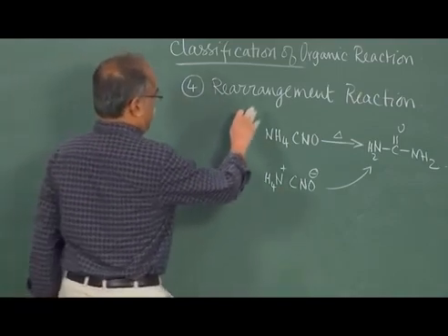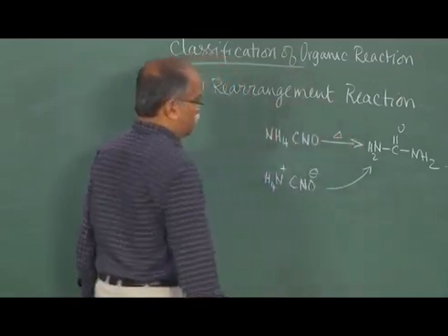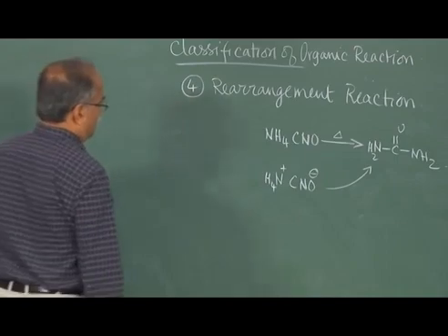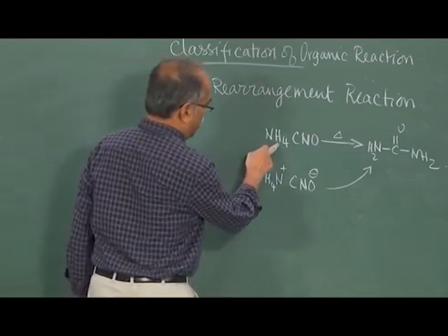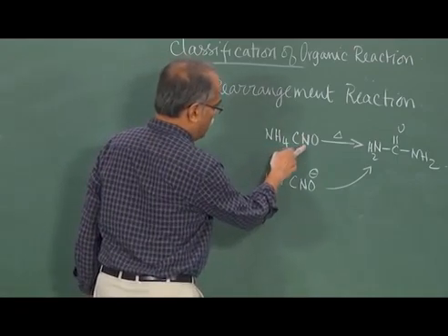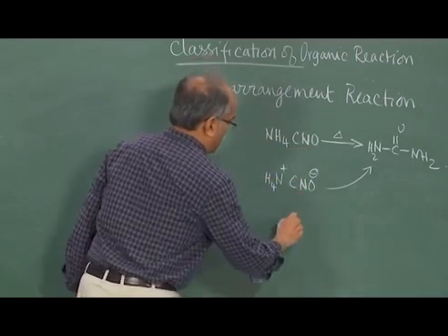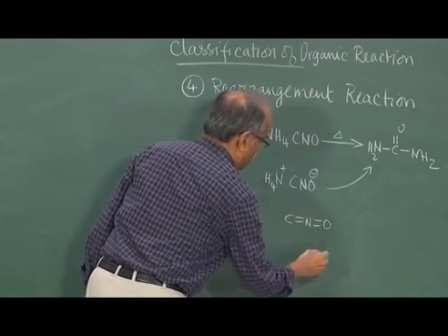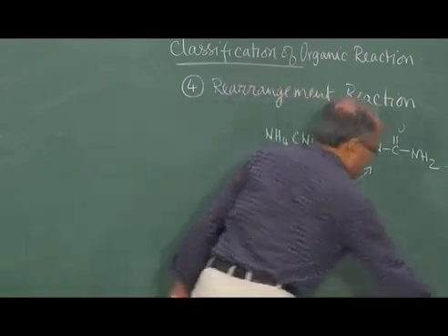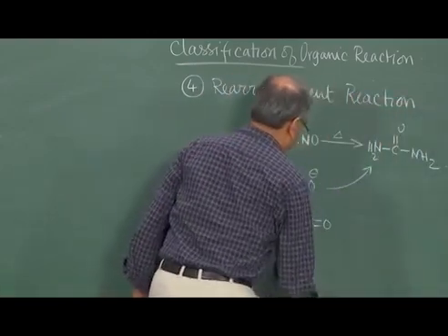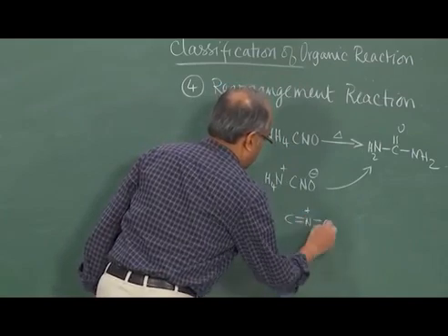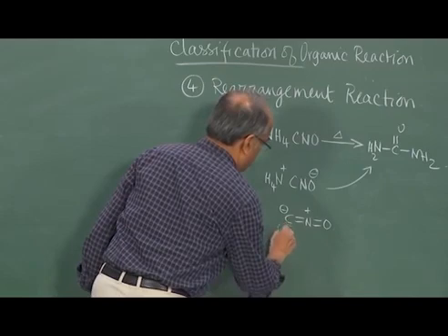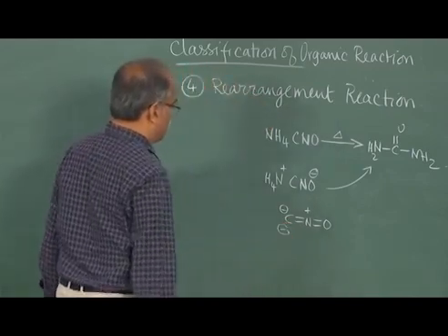In a rearrangement reaction, atoms migrate from one position to another position. That is the most important thing. Here, for example, the hydrogens have migrated from the ammonium ion to the other nitrogen, and the cyanate ion is involved too.